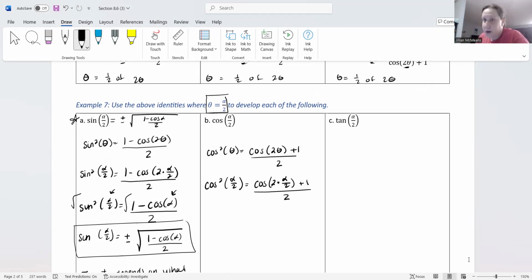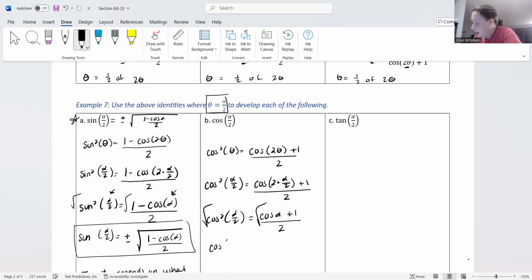So cosine squared alpha over 2 is just cosine squared alpha over 2. But then for cosine of 2 times alpha over 2, well, 2 times alpha over 2 is just alpha. So I get cosine alpha plus 1 all over 2. And remember, to undo something that has been squared, we just take the square root of each side.